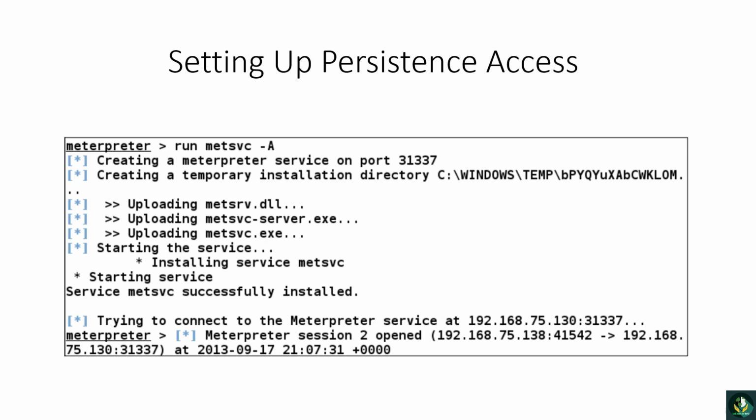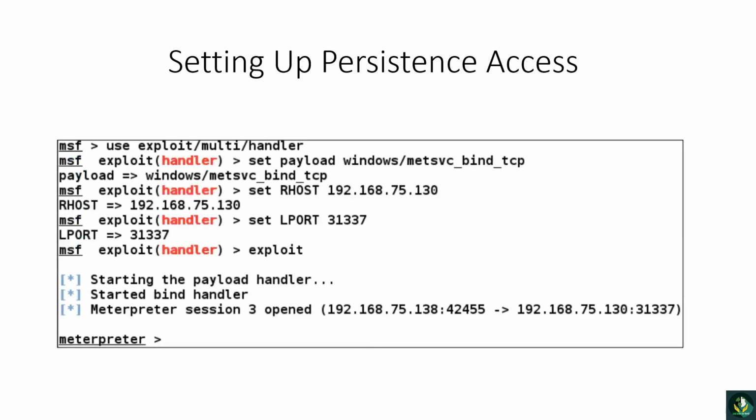So later, whenever access is required to this service, we need to use the metsvc_bind_tcp payload with an exploit handler script, which will allow us to connect to the service again, as you can see in here.